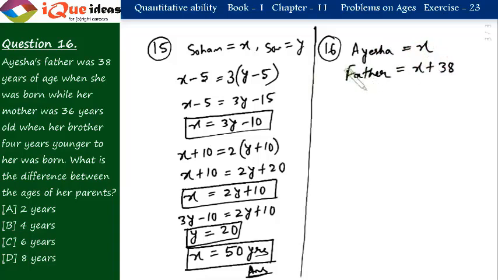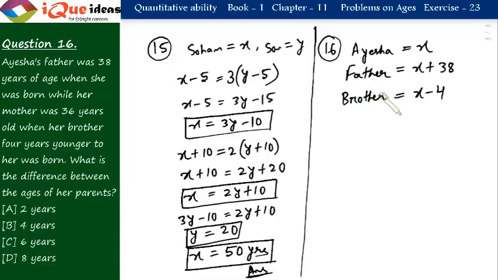While her mother was 36-year-old when her brother, 4 years younger to her, was born. Now, the brother's age is 4 years less than Ayesha. It says very clearly when her brother 4 years younger to her was born, right? So brother age would become x minus 4. Now comes the tricky part. The mother was 36-year-old when the brother was born.